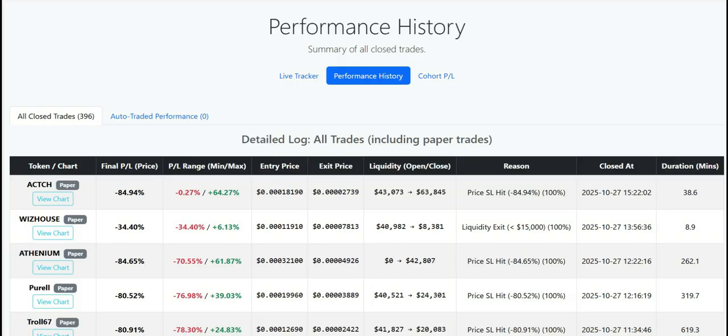This is a critical risk management feature designed to get you out before a potential collapse. As you scan down the list, you see a consistent pattern of the system applying its rules, whether it's an exit based on a price stop loss or a liquidity stop loss. By reviewing this history, you can see precisely how the tool's strategy works in real-world scenarios, helping you learn from past market behavior and fine-tune your own trading approach.